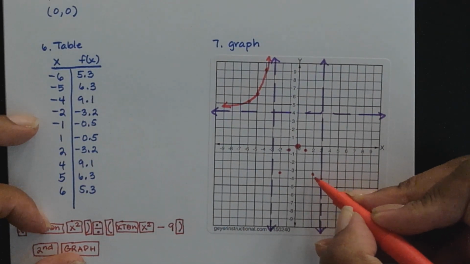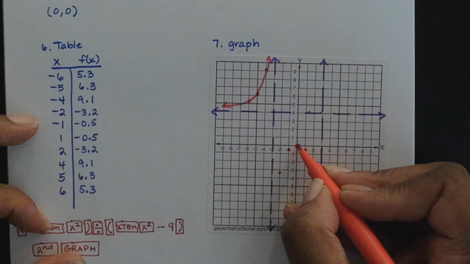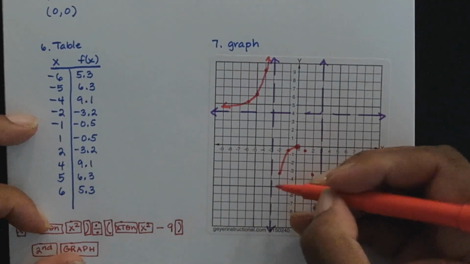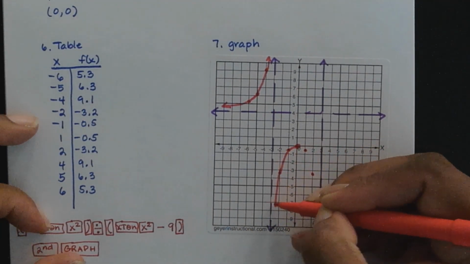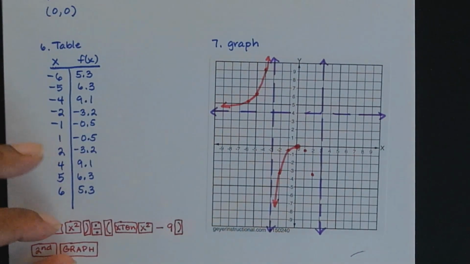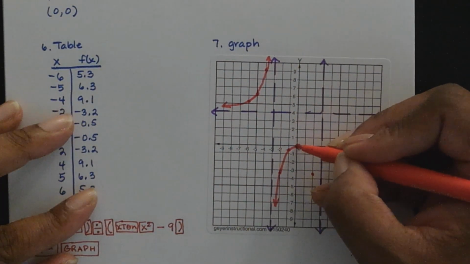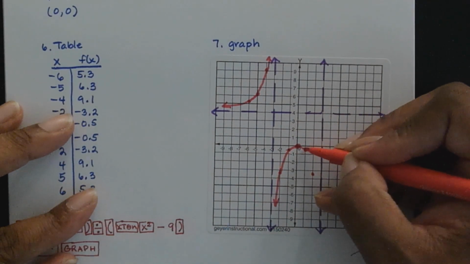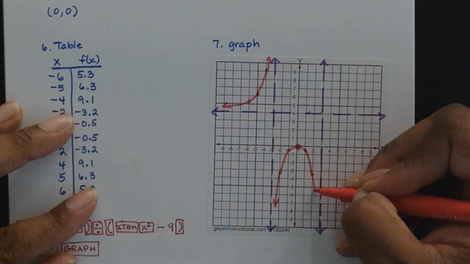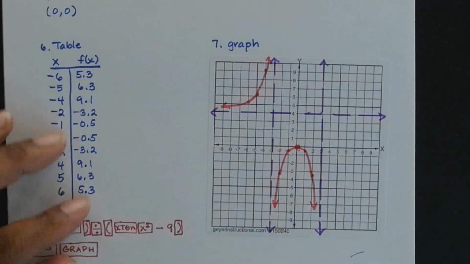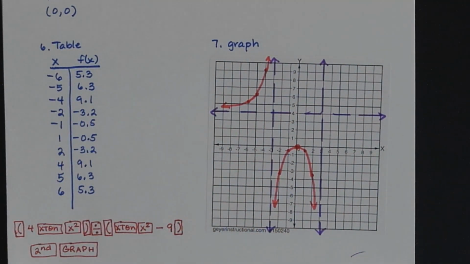So between negative 3 and positive 3, which are my vertical asymptotes, on the left side it's going to come down, approaching the first vertical asymptote, but it will never cross it. The other end, to the right of 0, comes down, approaching the second vertical asymptote, but will never cross it.